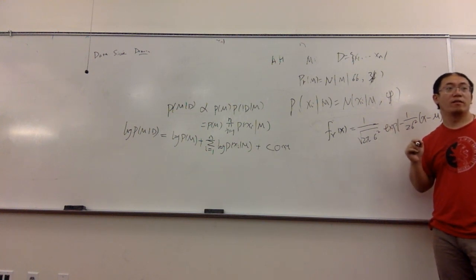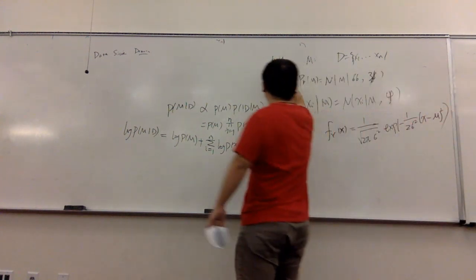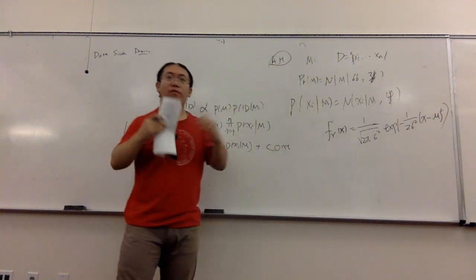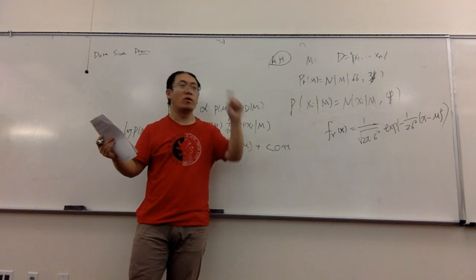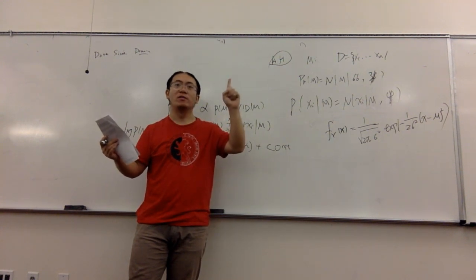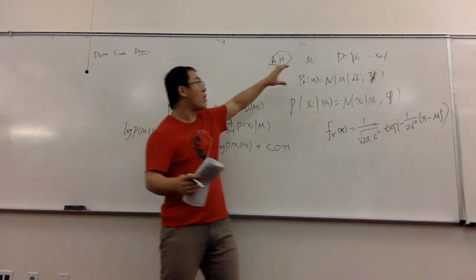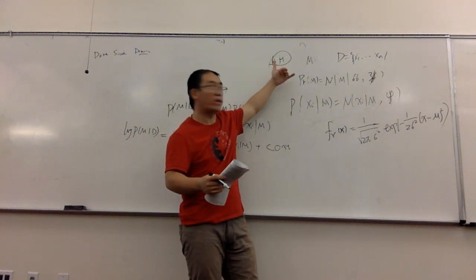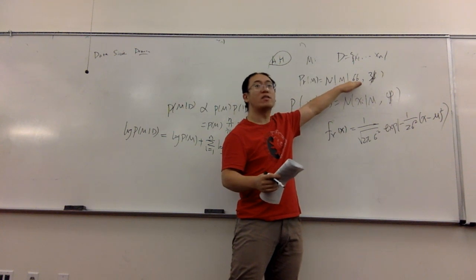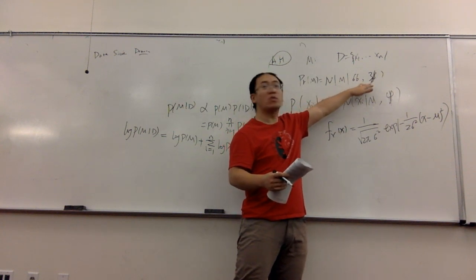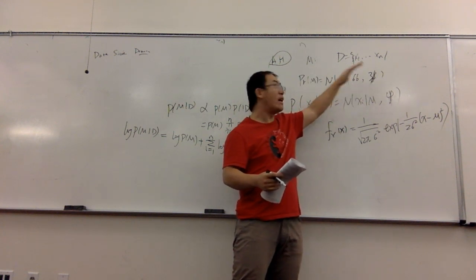Our model is the average height of the students, say in the U. Our model is a value. And so I assign a prior to our model, namely the prior for average height, to be a normal distribution with the mean being 66 inches and standard deviation 6 inches. And then I define the likelihood.